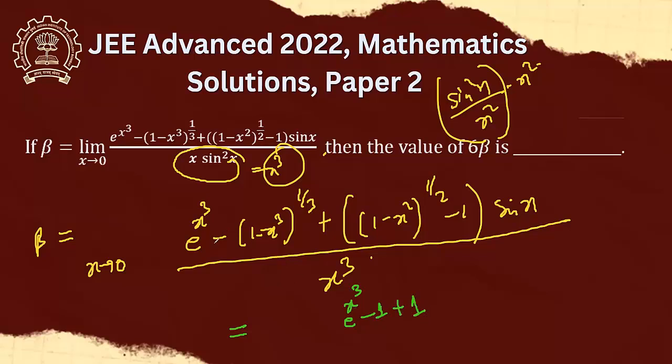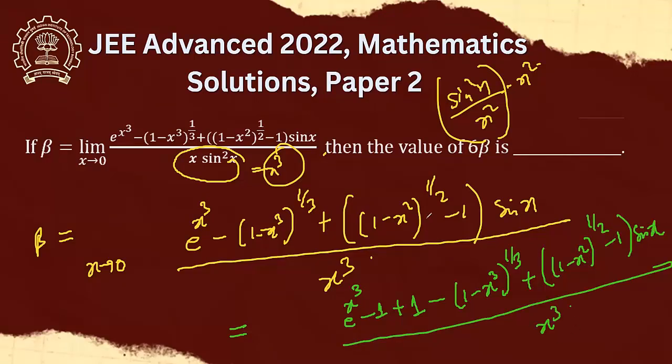So I'm adding and subtracting 1: e to the power x cube minus 1 plus 1, then minus (1 minus x cube) whole to the power 1 by 3, plus (1 minus x square to the power 1 by 2 minus 1), and the whole thing upon x cube, right?